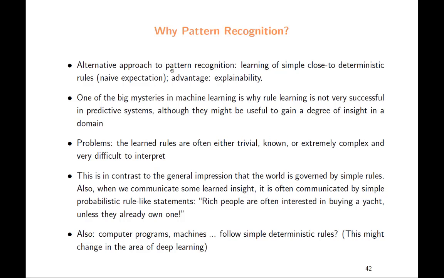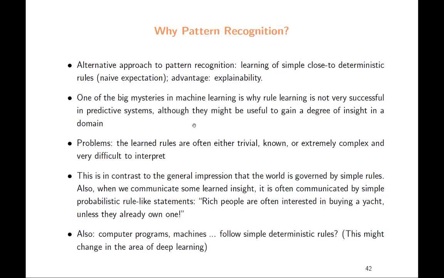And it's still maybe a little bit of a mystery why these pattern-based methods work so well and rule-based approaches don't, at least not yet, work so well, despite the fact that when we explain a decision, we are typically trying to explain it by saying, oh, but look at this rule and this is the explanation. In technical cases, these rules are either trivial or known or extremely complex and very difficult to interpret. So if you try to learn these rules from data, it's not so successful so far.